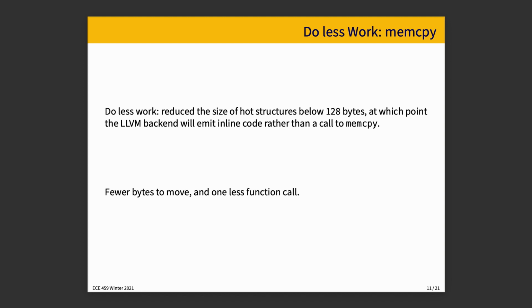So in this case, reduce the size of file structures below 128 bytes because that's the LLVM threshold for doing it inline as opposed to creating a function call. That is probably related to being able to do it with the largest registers that are available. If it's going to be done with one of the SIMD registers, then if it's 128 bytes or less, we could do it in one jump.